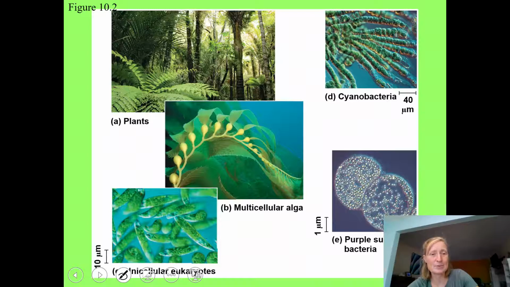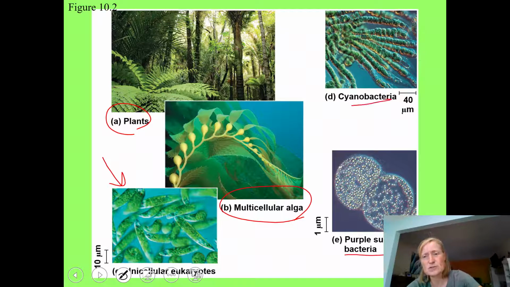Well, clearly we've got plants, right? Algae. So the things that you see in ponds, scum on the surface of ponds. We've got other eukaryotes that are single-celled. They used to be in the category protists. And we've got some bacteria that are photosynthesizers.